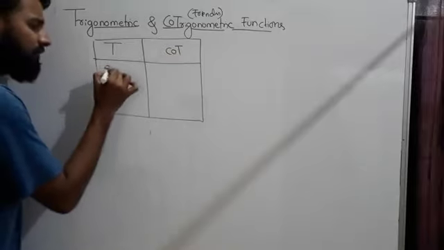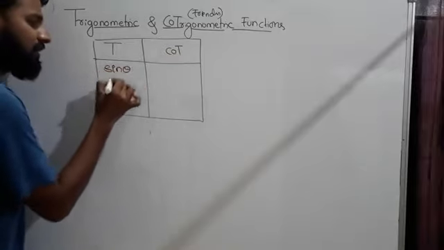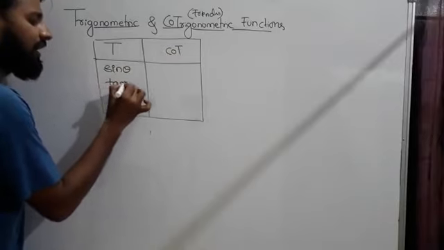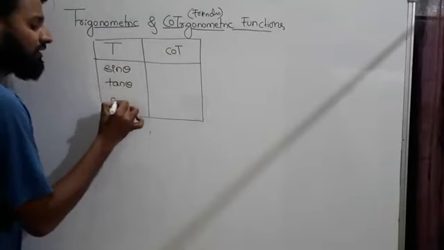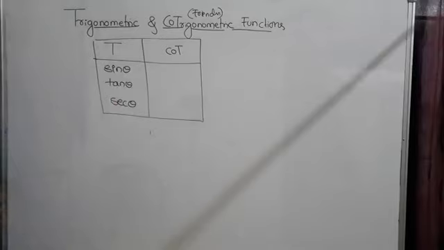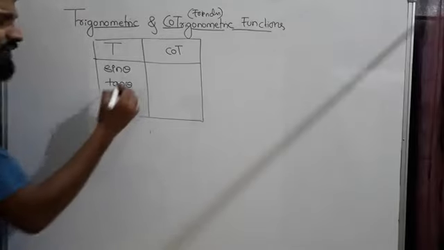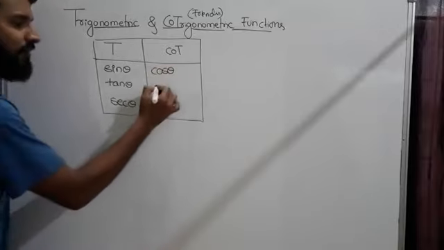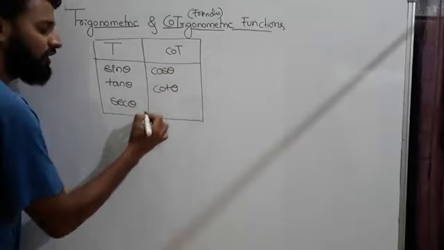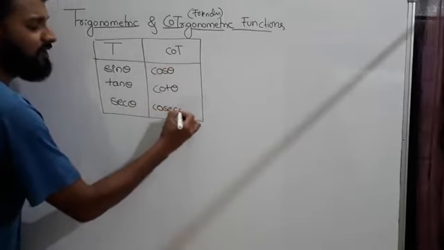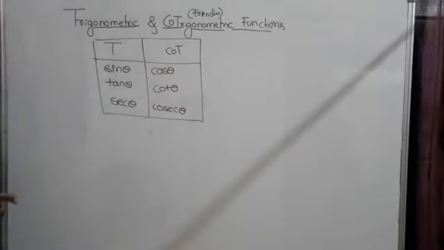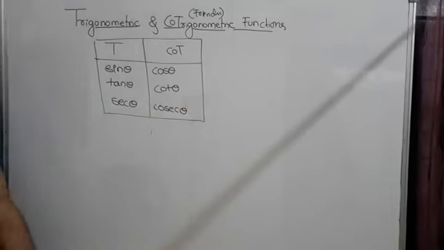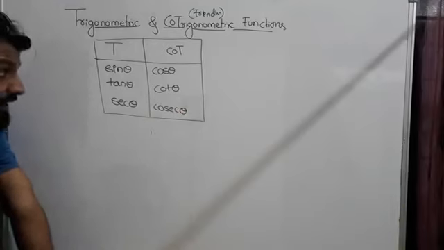We have three trigonometric functions: sine, tan and sec. Their co-trigonometric functions are: sine's friend is cos, tan's friend is cot, and sec's friend is cosec. So you need to remember these things.